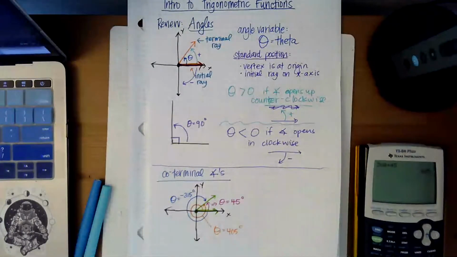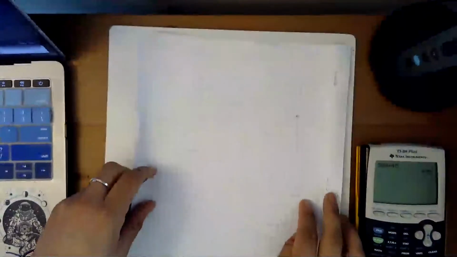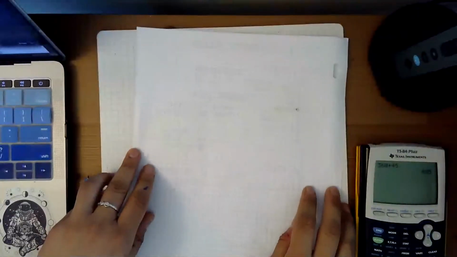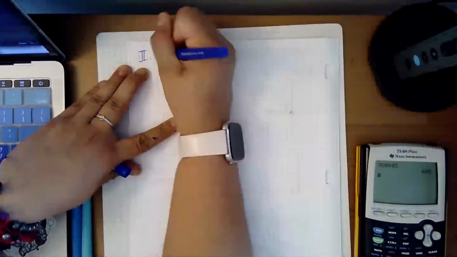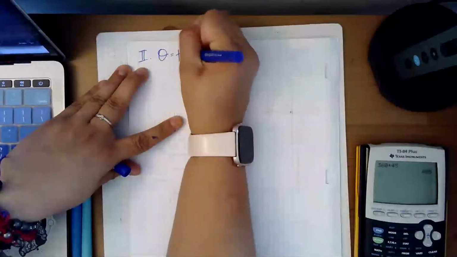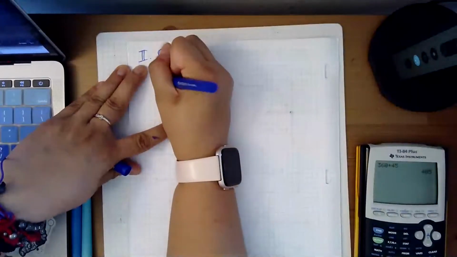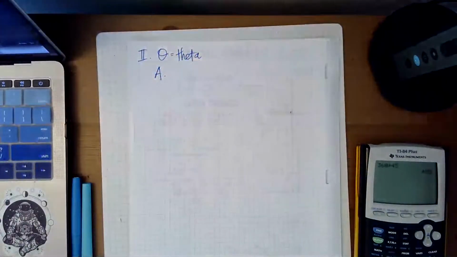Now let's go ahead and talk about the way that we measure theta. Theta is so important because theta gives us a lot of valuable insights. Okay, let's talk about theta. Theta can have two ways of being measured.